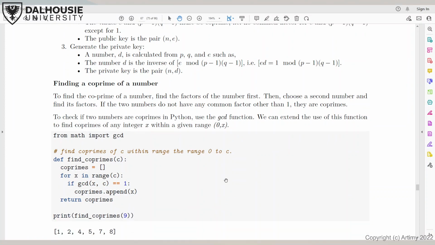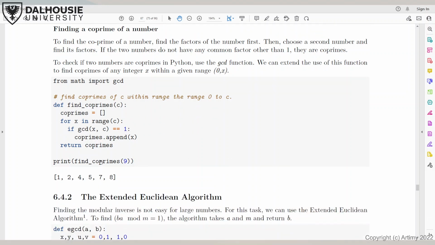So how do we find co-prime? Trial and error is one of them. But if you are using Python, in the built-in module math, there is something called the GCD function. If you use it, let's say you want to find the coprimes of 9, it will give you all the coprimes up to 9.